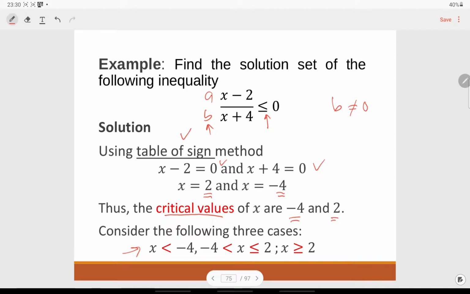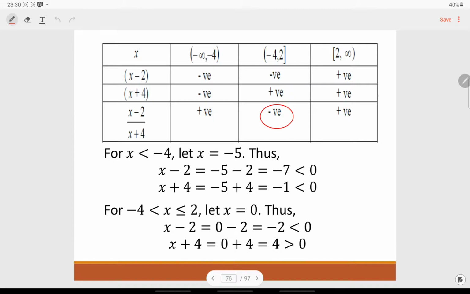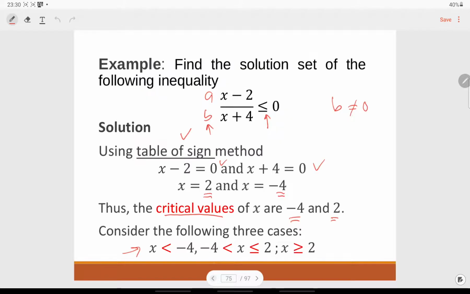So we draw the table. At the table, at the first column on the left, we write X. We have X minus 2 as A, X plus 4 as B, and this is the fraction of A and B. At the first row, we write the 3 cases that we considered just now.